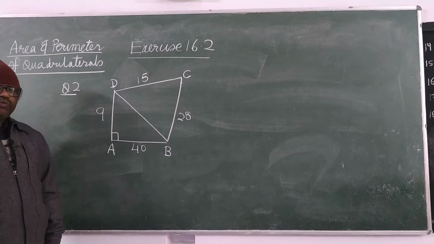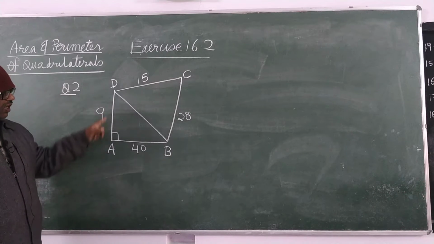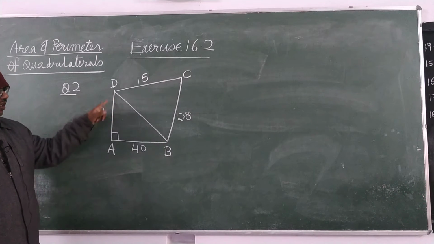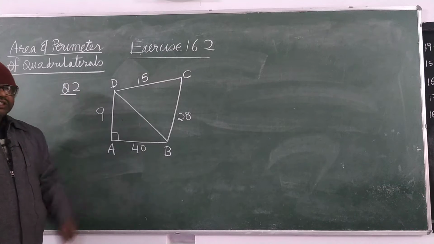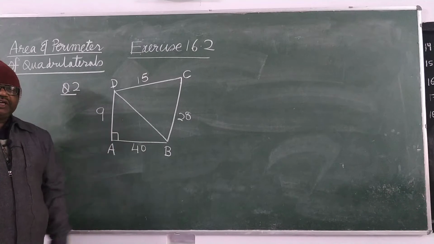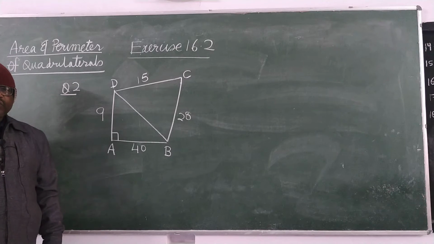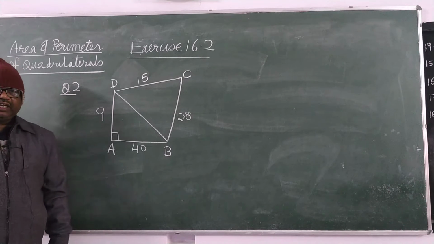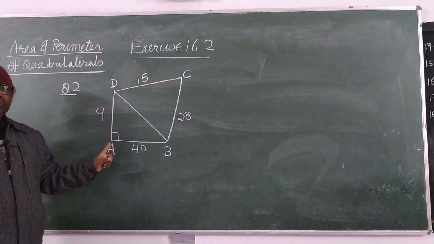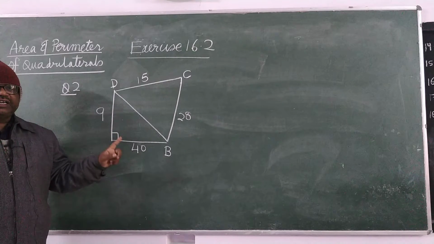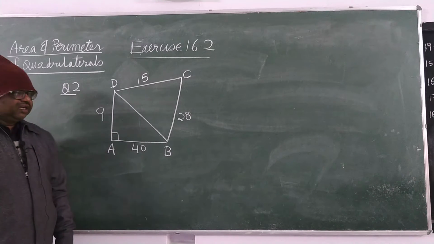Now see here, how will you find area of triangle ABD? If you see triangle ABD, it is a right angle triangle. And what is the area of right angle triangle? 1/2 into product of sides containing right angle.